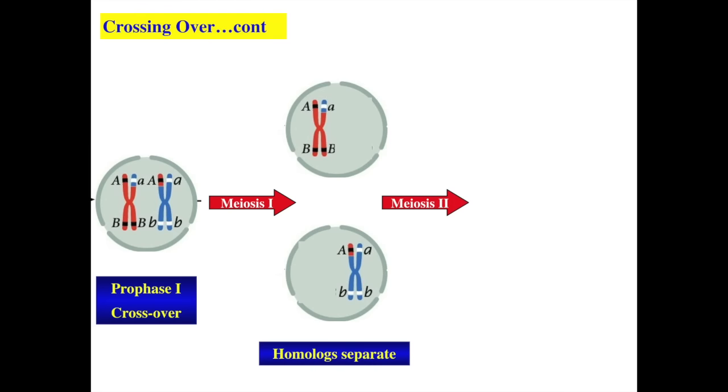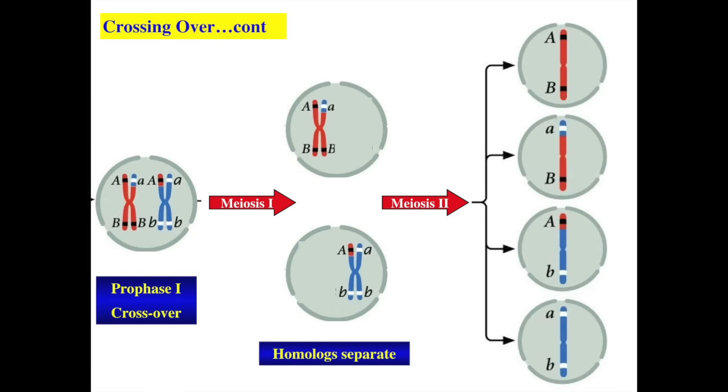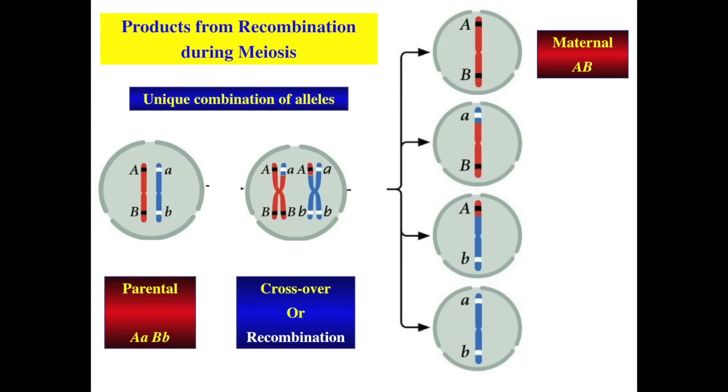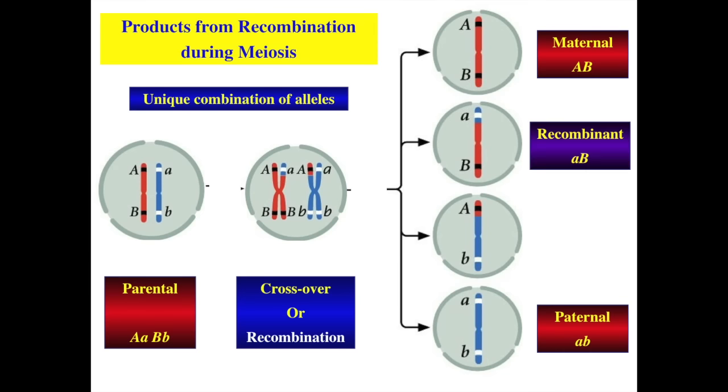Then meiosis II happens, and this produces 4 different products. A product that closely resembles the maternal genome, a product that closely resembles the paternal genome, the genome from the father, and 2 recombinant chromosomes that are a mix of the mother and the father.